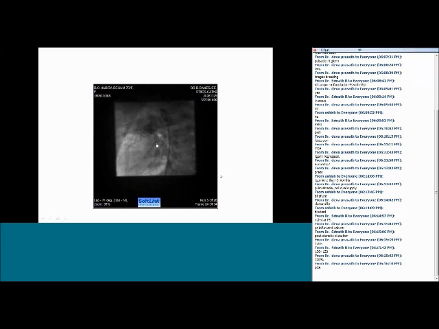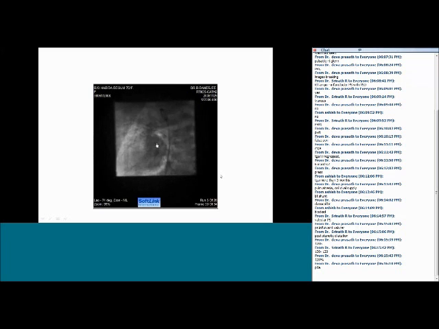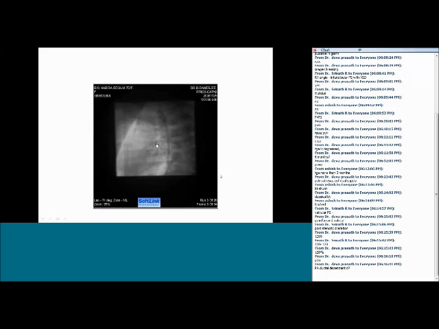What else is there? Full diagnosis for this patient. Anyone? Yes, ductal dependent pulmonary circulation. Yeah.